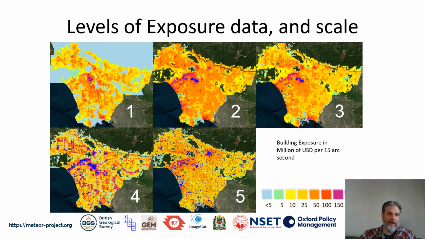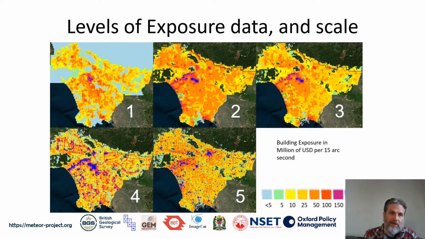So that's data that would be collected using global data sets and make assumptions from there. Level 2 is where you collect national data and use that to put together an exposure database. Level 3 is where you augment that with local information. Level 4 is aggregated up from building specific data, and level 5 is essentially building specific data.